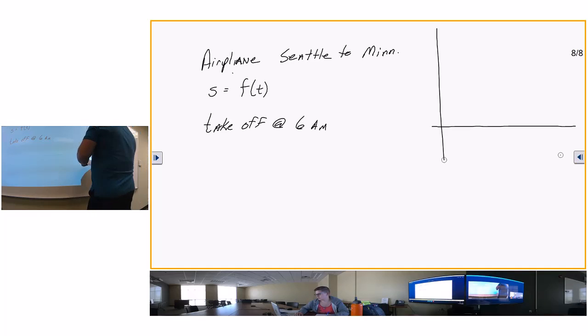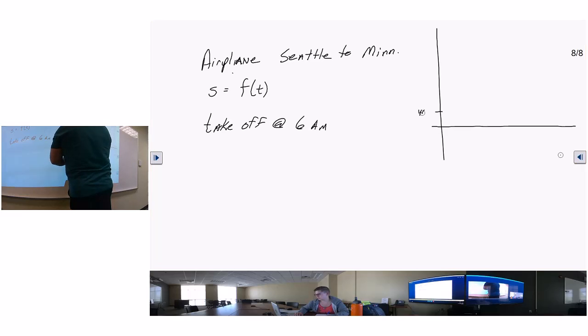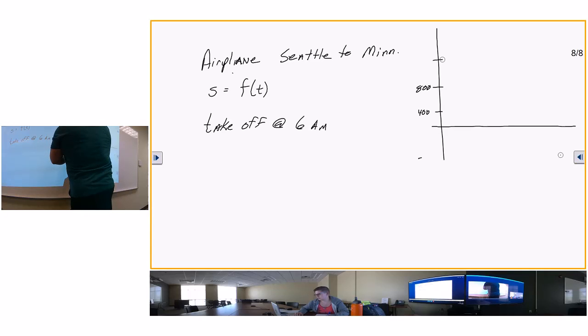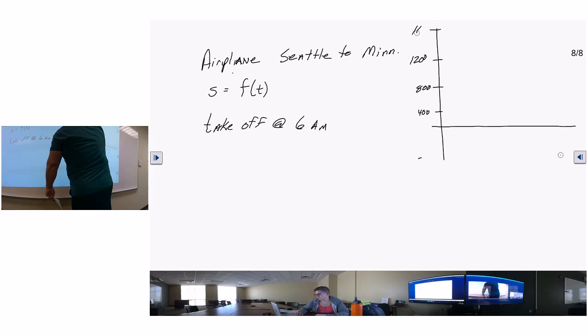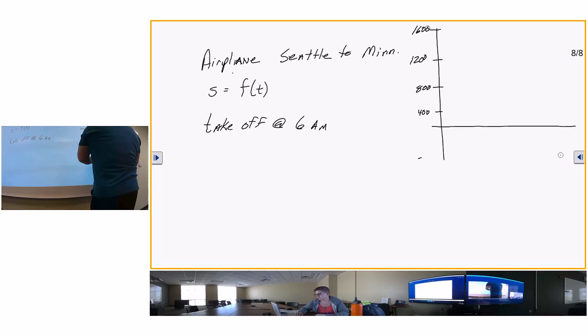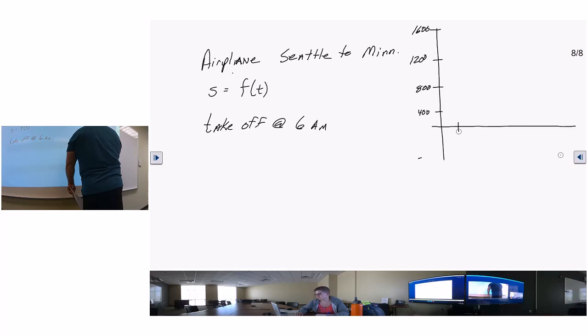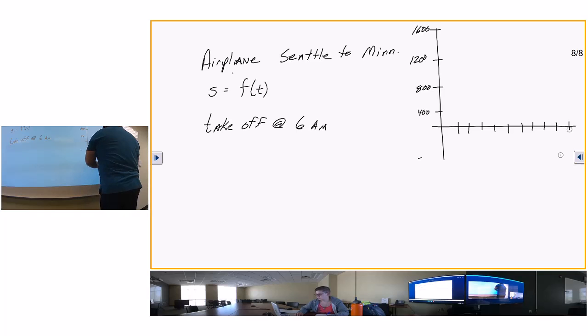They give you a graph, of course, that's why I had all this cut and pasted. And this is going to be 400, 800, 1200, and 1600. And 1, 2, 3, 4, 5, 6, 7, 8, 9, 10. And they go to 8, so 8 is all I need.